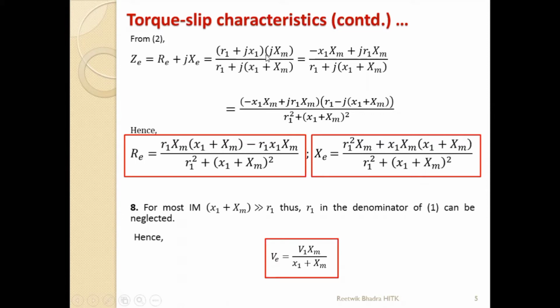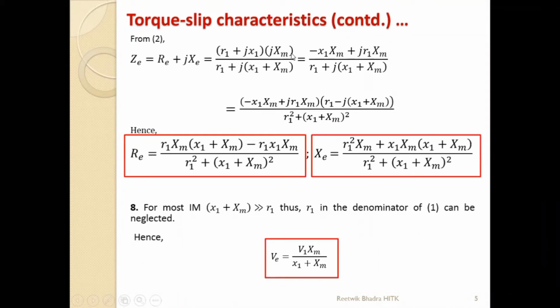R1 into XM into J. So J R1 XM. First term. What will be the second term? J into J gives you J square. That is minus 1. So minus X1 into XM. And the denominator keeps as it is.